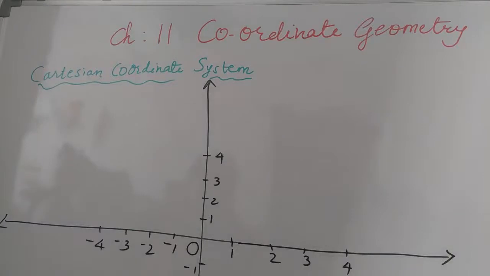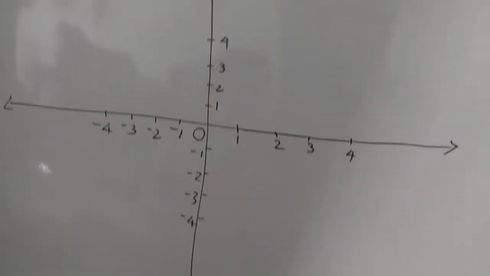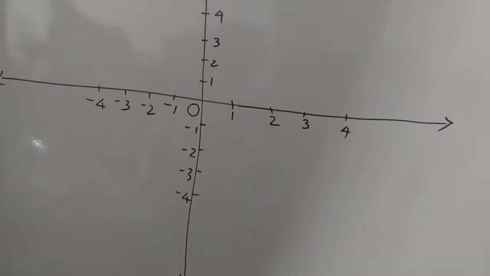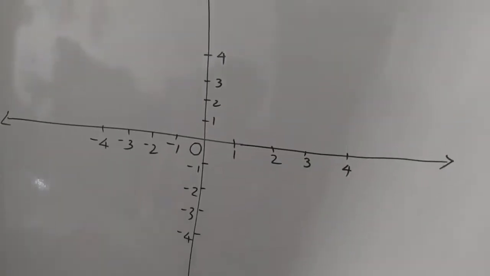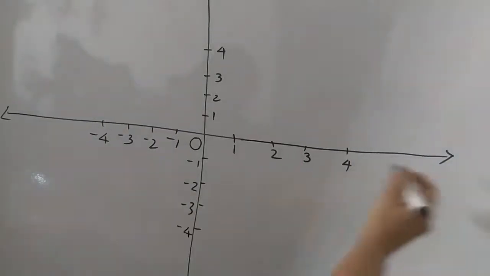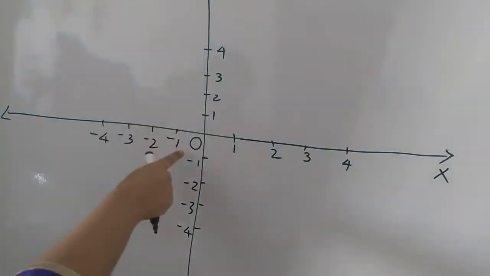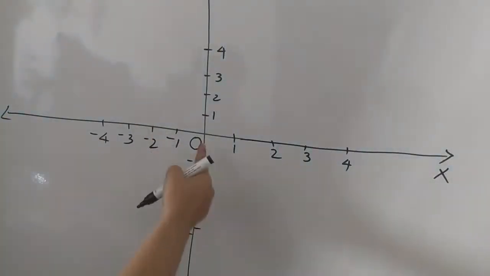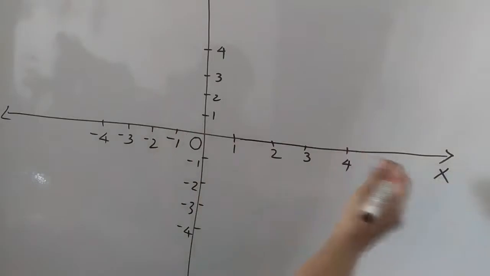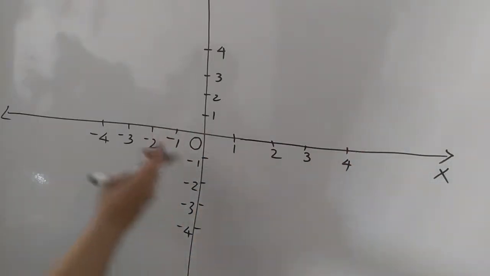Now in our Cartesian system we all know that there are 4 quadrants, as you can see in the graphical representation: this is the x-axis, and this is the y-axis here, and this is the origin. On the right side of the origin on the x-axis there are positive numbers, and on the left side of the origin there are negative numbers.